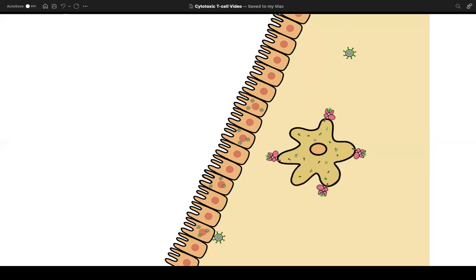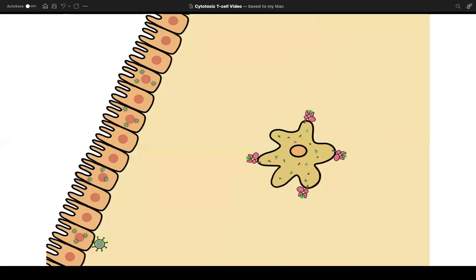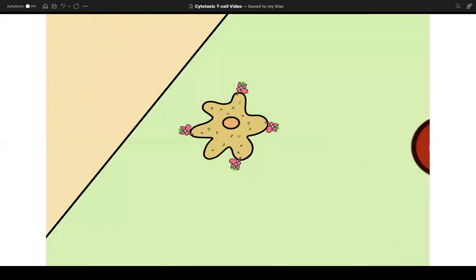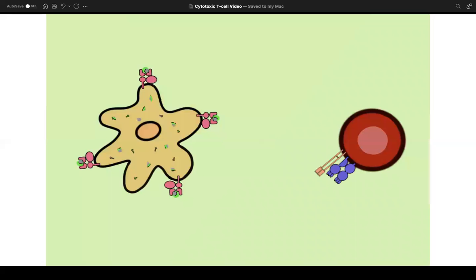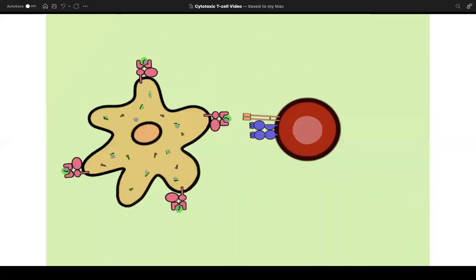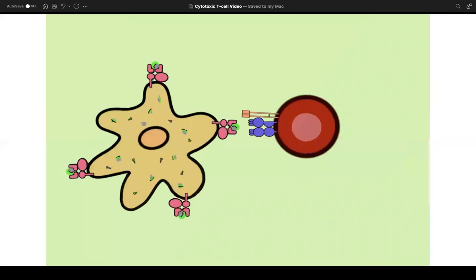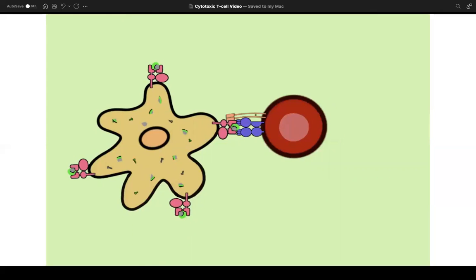This dendritic cell will then travel to the nearest lymph node where it can find, hopefully, some CD8 plus mature naive cells. Once it does find a mature naive CD8 plus cell that can identify and react with this antigen, the TCR of the cell will bind to it, and the CD8 molecule will bind to the MHC1 complex. This is step one of cytotoxic T cell activation.